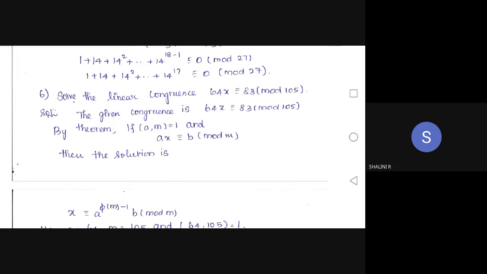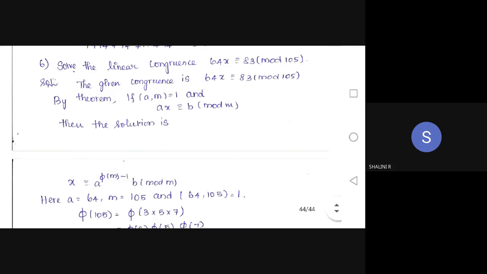Okay, if a is relatively prime to m and ax is congruent to b mod m, at the time the solution will be x is congruent to a power phi of m minus 1 into b under mod m.